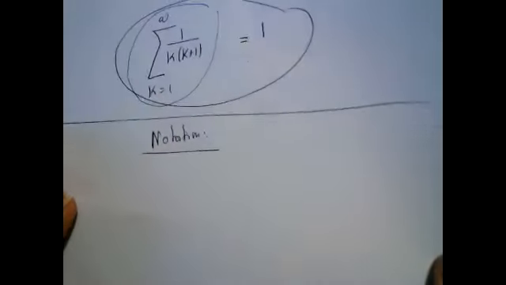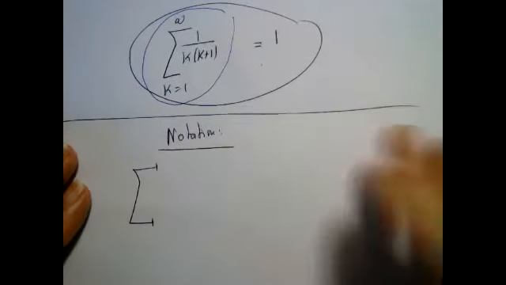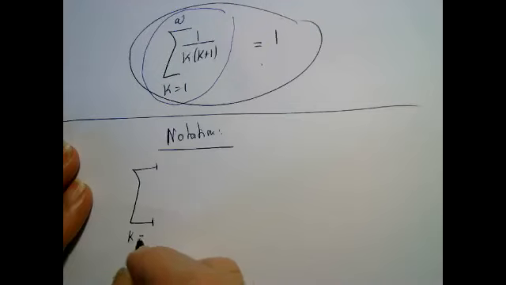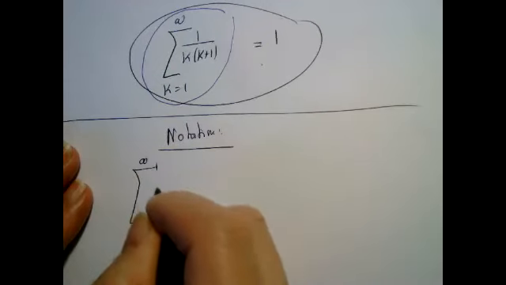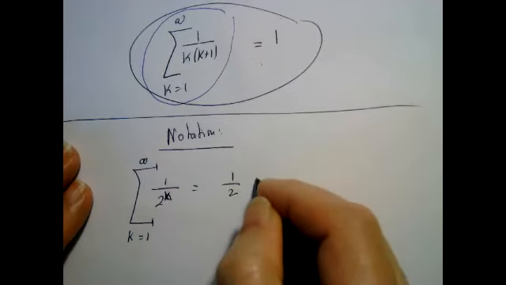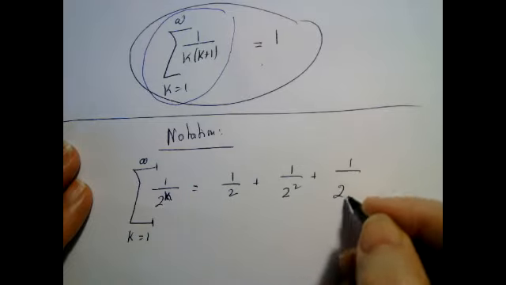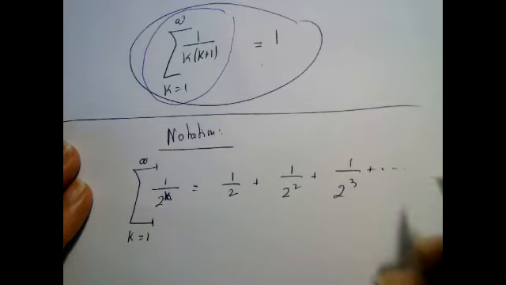Suppose I have the following series, sigma, let's say k equal to 1 to infinity of 1 over 2 to the k. So it's a half plus 1 over 2 squared plus 1 over 2 to the power 3 and so on.